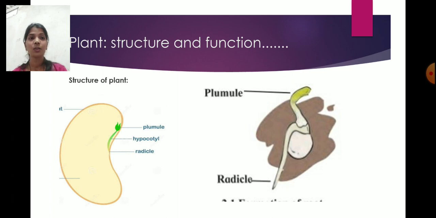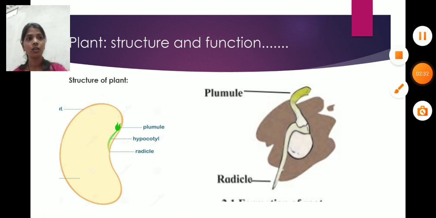The part of the plant present above the soil is called the plumule part, and the part of the plant present below the soil, that is the underground part, is called the radicle. The radicle part is nothing but the root system, and the plumule part is nothing but the shoot system. So this is the structure of a plant.